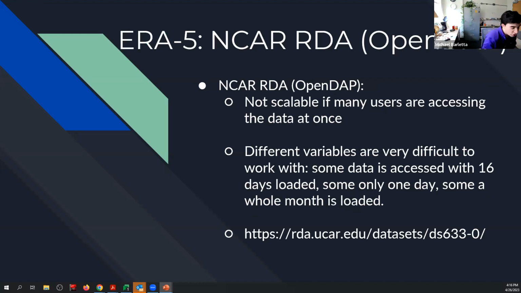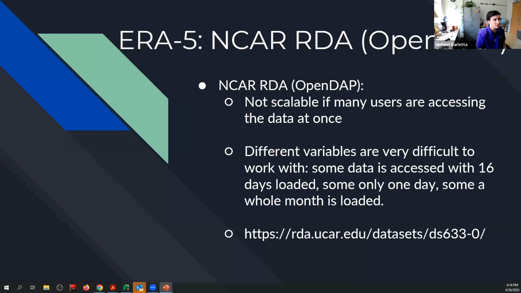So when we initially tried this, we used this NCAR RDA OPeNDAP protocol to select the data. Couple issues with that. It's not totally scalable if many users are accessing the data at once. But the more annoying thing that we ran into is that different variables are just very difficult to work with.